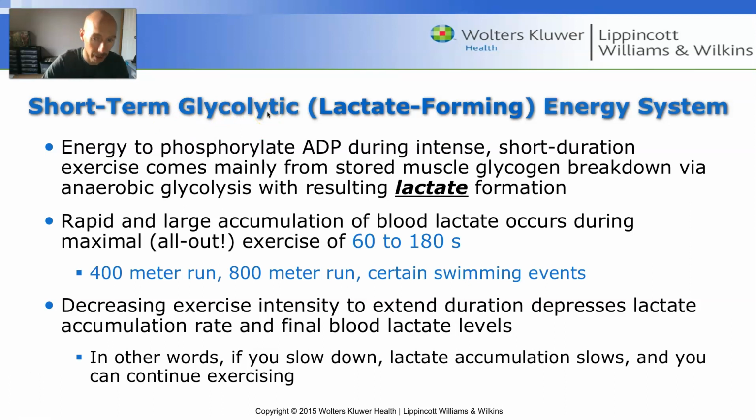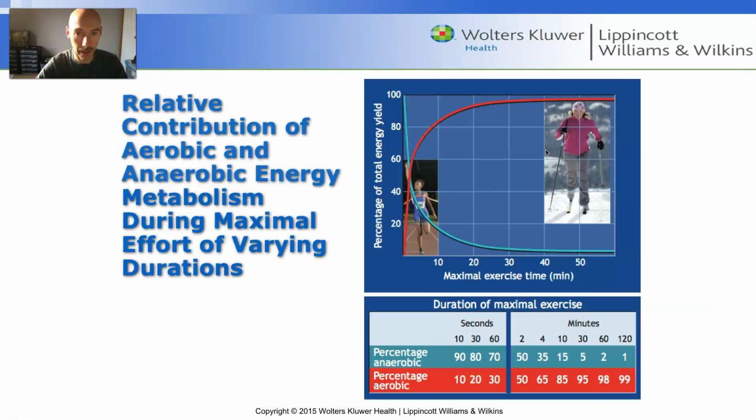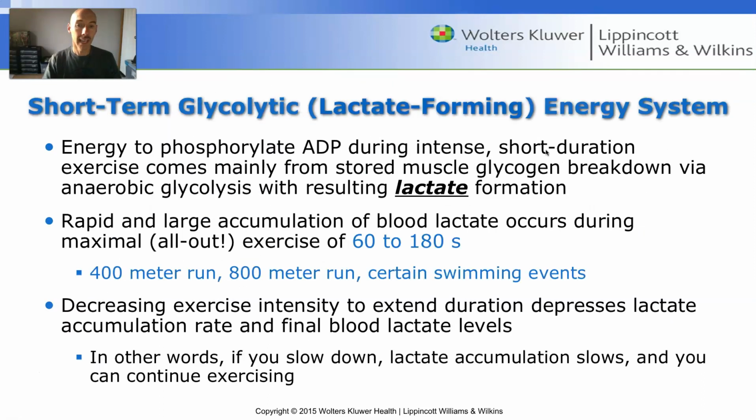Okay, and as I mentioned earlier, when you're relying primarily on glycolysis, as you are during this time frame here, there is going to be lactic acid formation, right? Lactic acid forms when pyruvate and hydrogen cannot enter into the aerobic energy systems.